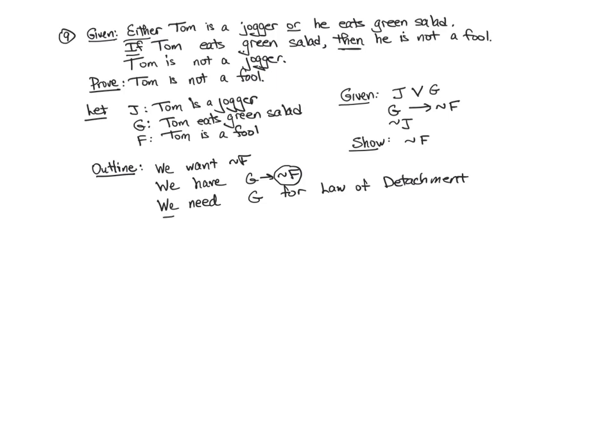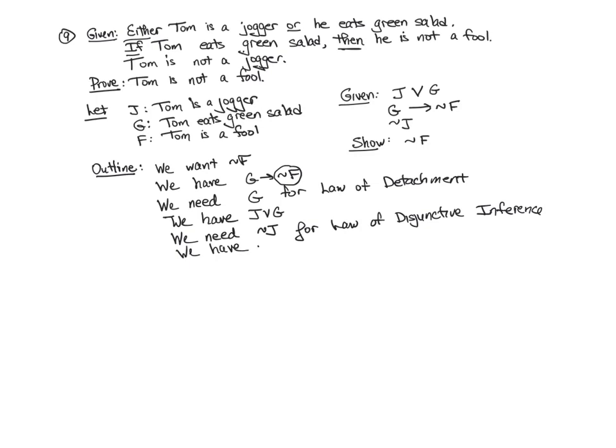Well, the one statement we have is J or G, and in order to get G, we need not J for the law of disjunctive inference. And we have not J in the given. So working backwards, we could get to not F.